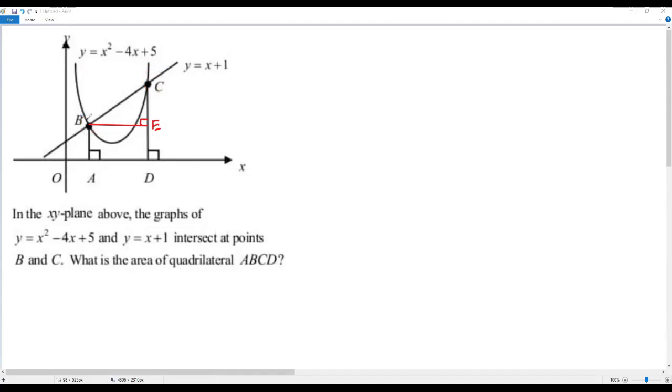To find the points of intersection of the parabola and line, I have to solve the given system of equations. For that, I'm going to take the equation of the line, y equals x plus 1. To solve the system, I'm going to use the expression that is equivalent to y in the equation of the parabola, x squared minus 4x plus 5, and plug it in for y in the linear equation.